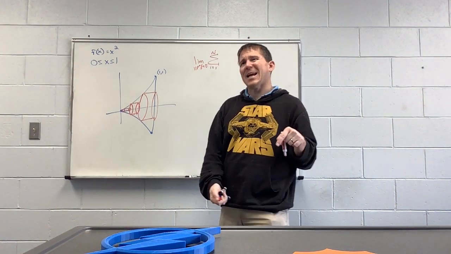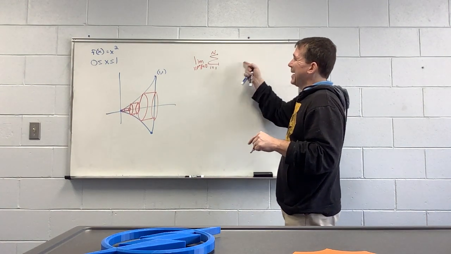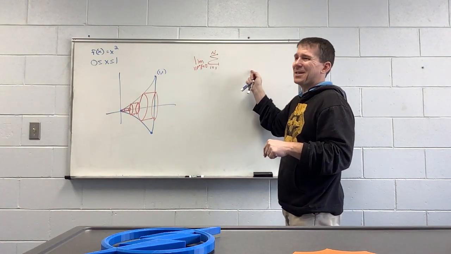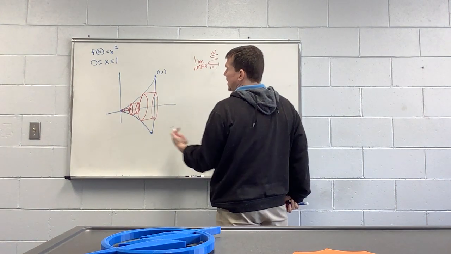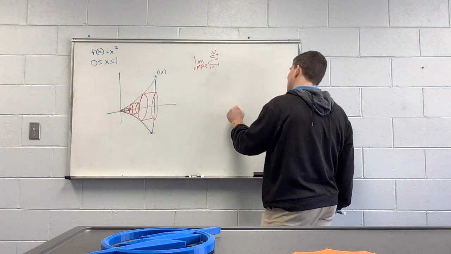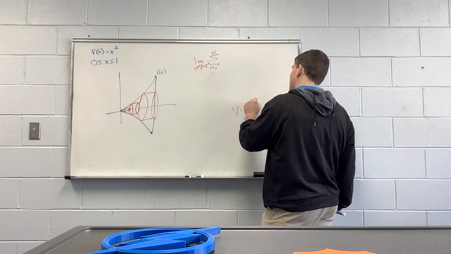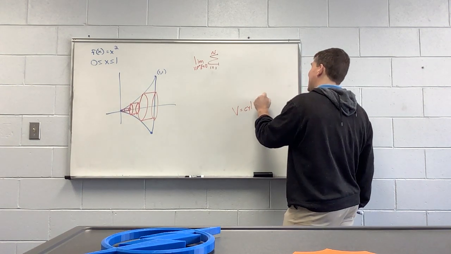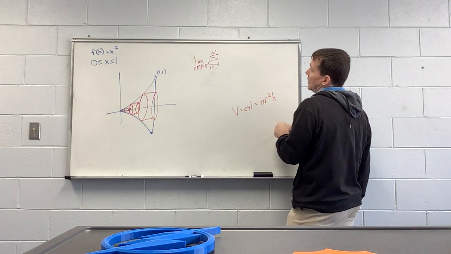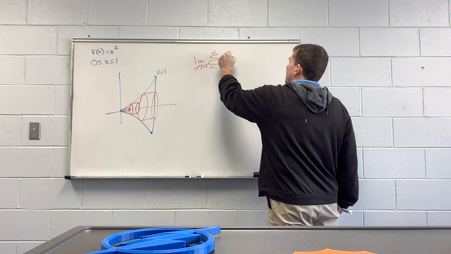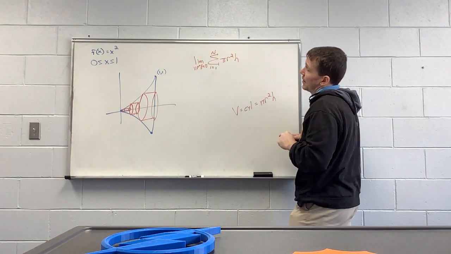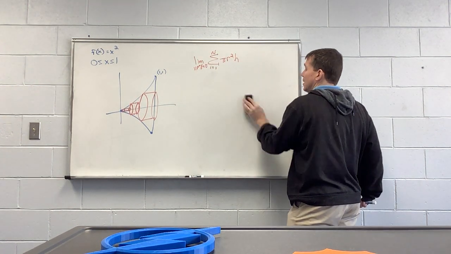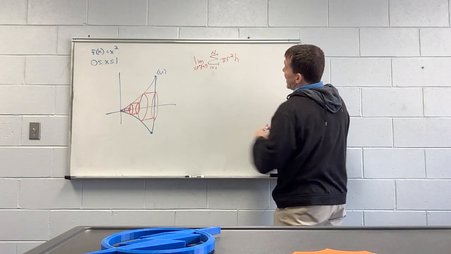Before, I was adding up rectangles, so I had length times width, f of x times delta x. Here I'm adding up cylinders. The volume of a cylinder was equal to pi r squared height. So that's what I add up here, pi r squared height. Now, I just incorporate that.